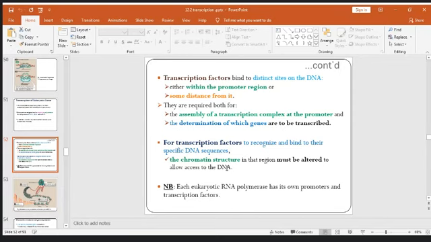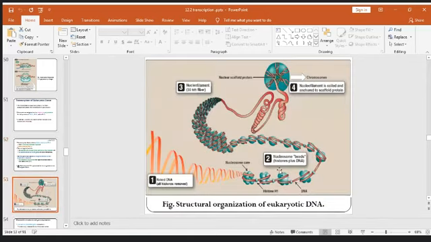So each eukaryotic RNA polymerase has its own promoters and transcription factor regions, in contrast to the prokaryotic RNA polymerase. As you can see here on the structure, the naked DNA strand is there, not complexed with the histones.